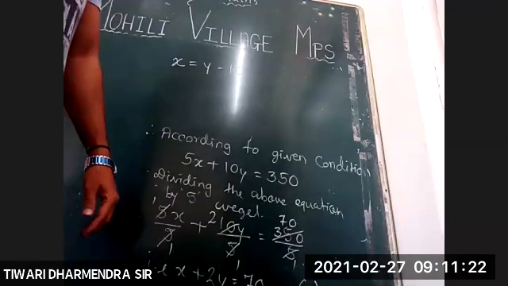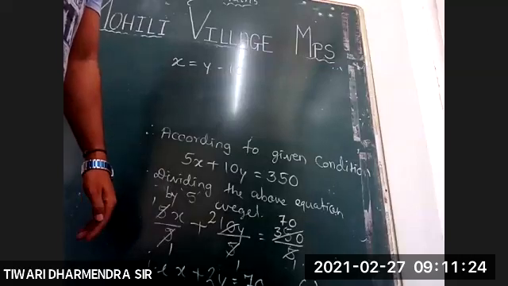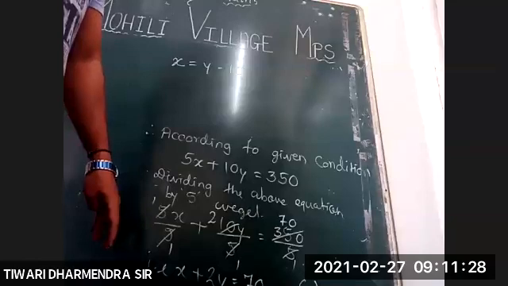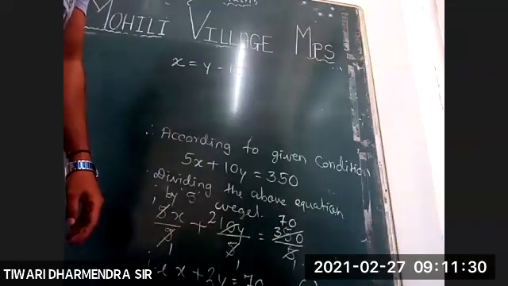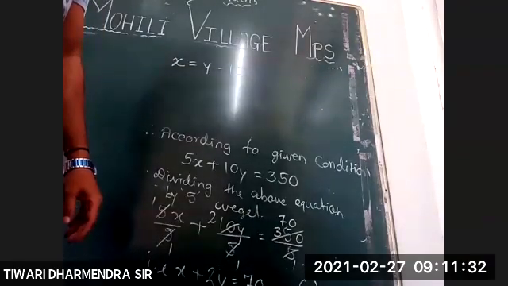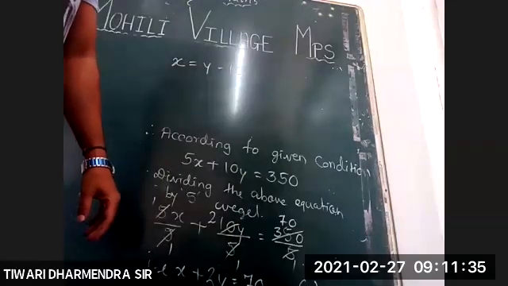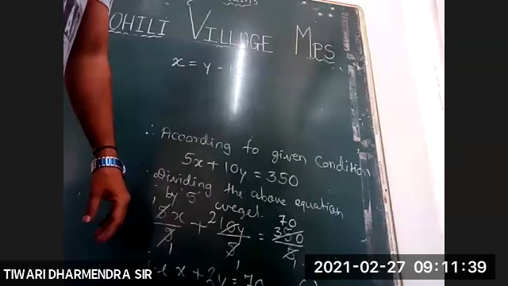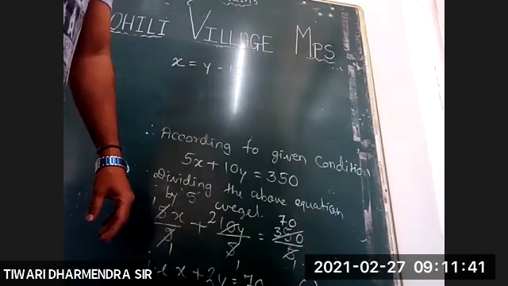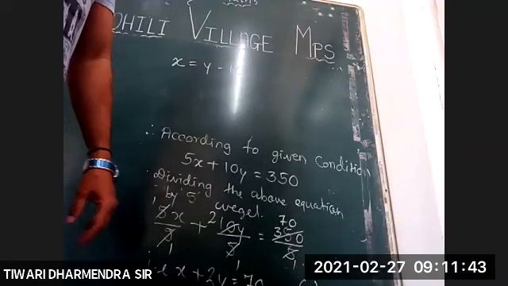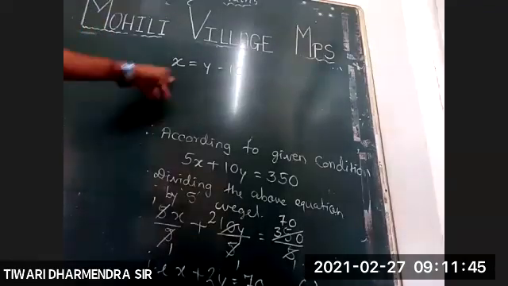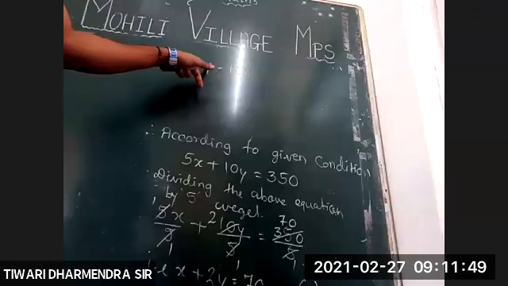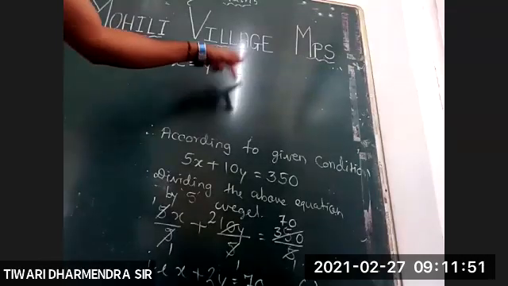In an envelope there are 5 rupee notes and some 10 rupee notes. Total amount of these notes is 350 rupees, means 5x plus 10y. And number of 5 rupee notes x are less by 10 than the number of 10 rupee notes. So this is x equal to y, the number of 10 rupee notes, minus 10.